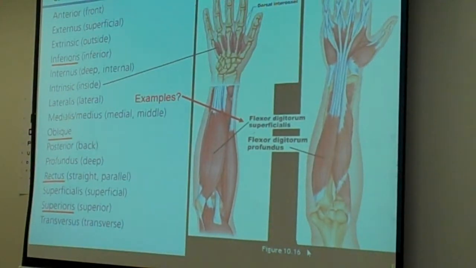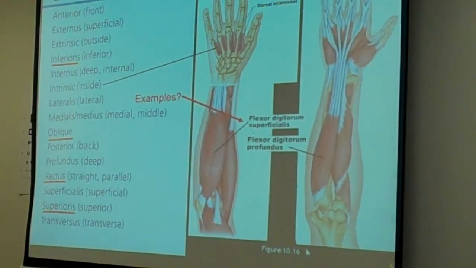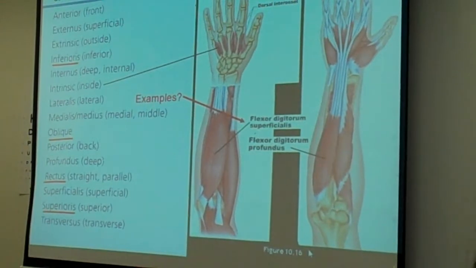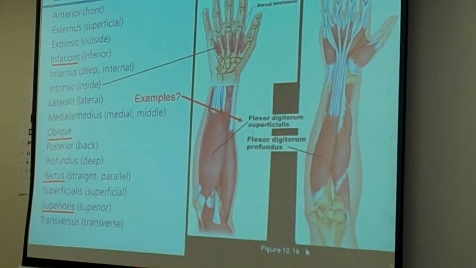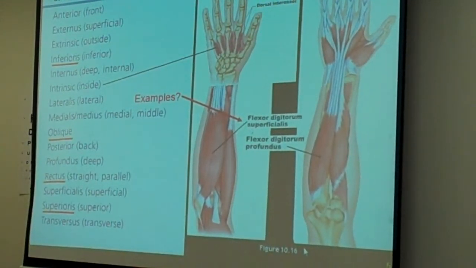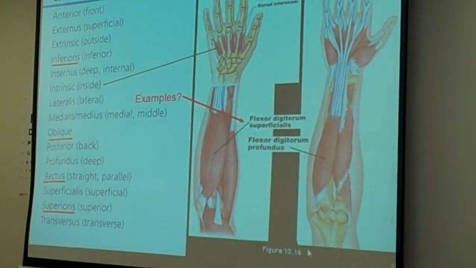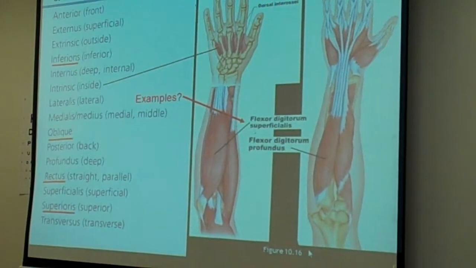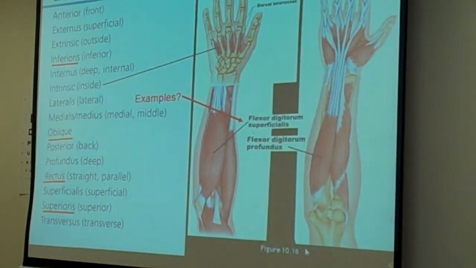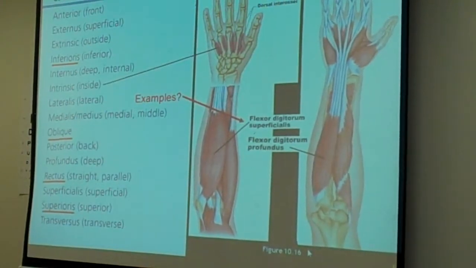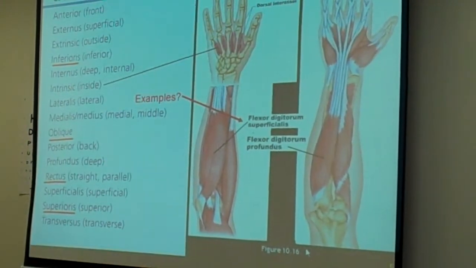The circular muscles form sphincters. Entrances and exits to our tracts. The entrance to the digestive tract, orbicularis oris. Orb, orbicularis, circular. What does oris mean? Oris, orad, oral, mouth. Circular muscle around the mouth, orbicularis oris.